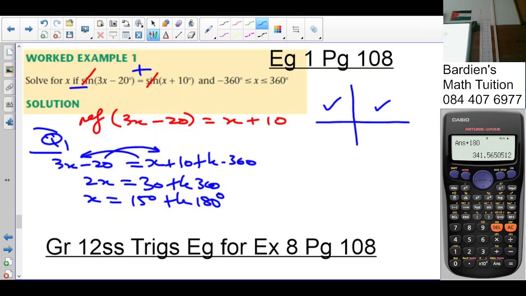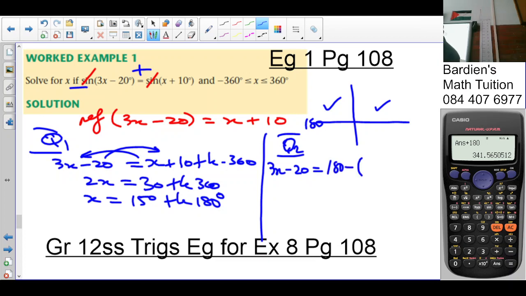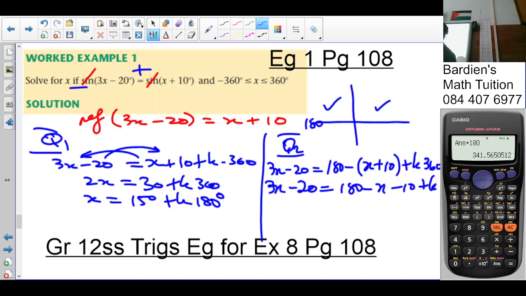Let's go with another quadrant, quadrant 2. To get to quadrant 2, it's going to be 180 minus, and remember to put a bracket around it: 3x minus 20 equals 180 minus (x plus 10) plus k times 360. So that gives 3x minus 20 equals 180 minus x minus 10 plus k times 360. Bringing x to one side, 4x is equal to 180 minus 10 plus 20, which gives 190 degrees plus k times 360.